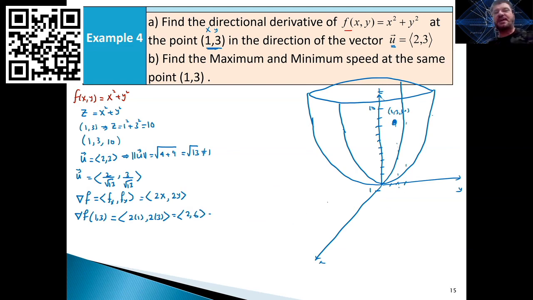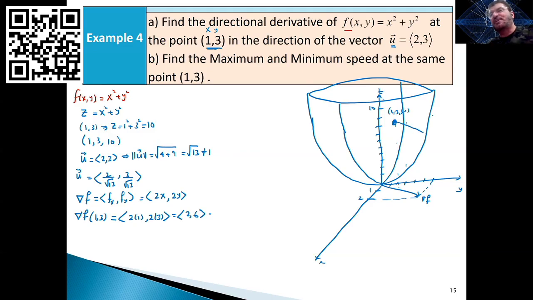Okay, where is the gradient, guys? Here is 2 on the x-axis, and here is 6: 2, 3, 4, 5, 6. So this is the gradient of f. But it has to be on the surface.